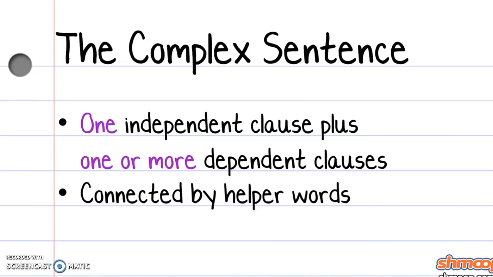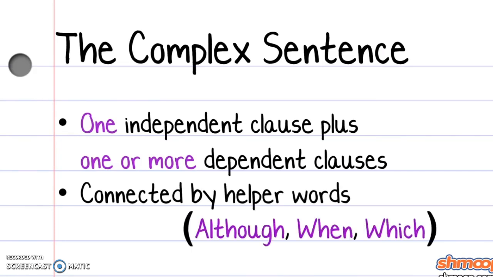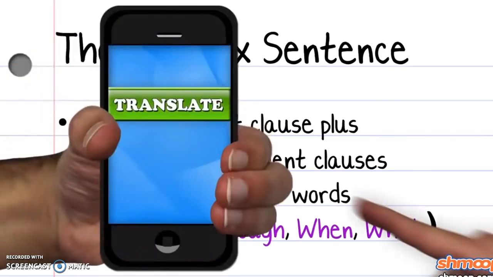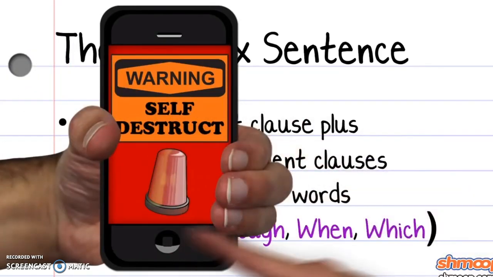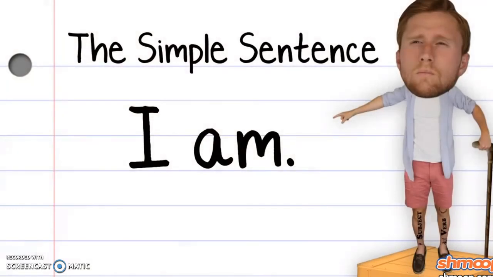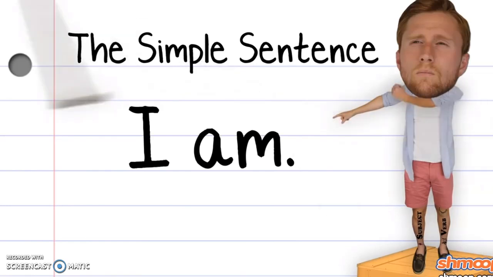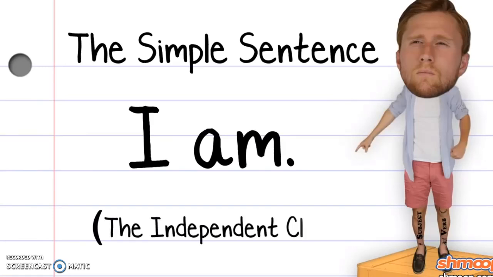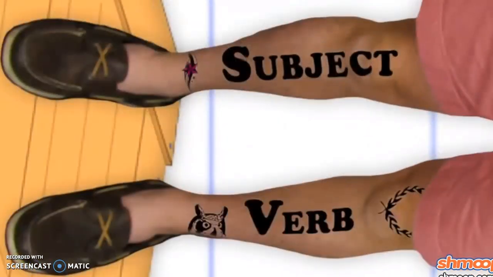So they're connected via a helper word, such as although, when, or which. Now let's translate all this into English. Here's the simplest of simple sentences. A simple sentence is solid. It stands on its own. Oh, this? Ow! Don't even need it. That's why it's also known as an independent clause. Like our friend over here, it stands on 2 legs, a subject, and a verb.